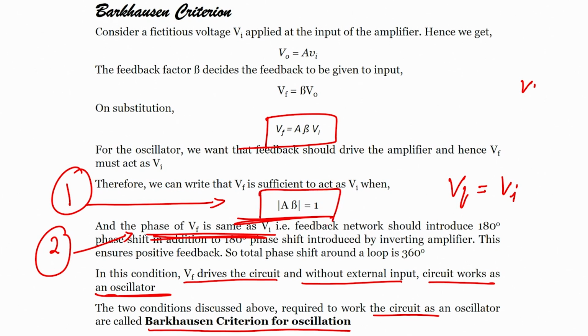Second condition is that Vf should be in phase with Vi, or the feedback signal should be in phase with the input signal, right. So, if we are using an inverting amplifier, feedback should introduce 180 degree phase shift. If we are using a non inverting amplifier, feedback should not introduce any phase shift, right.